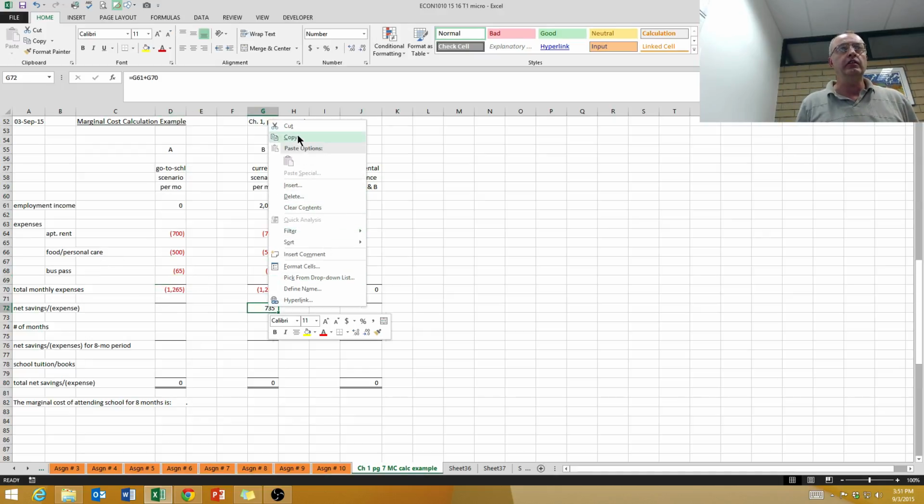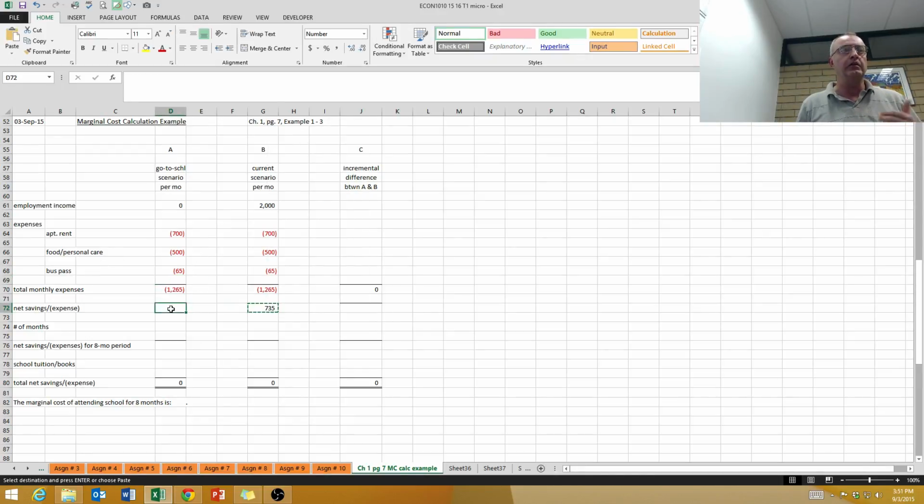She has the same monthly living expenses as before, but she has no employment income. So there's going to be a net cost to her of $1,265. Either she's going to have to draw down her savings every month to the tune of $1,265, or she's going to get a bank loan or some kind of a loan on a monthly basis to pay those expenses.